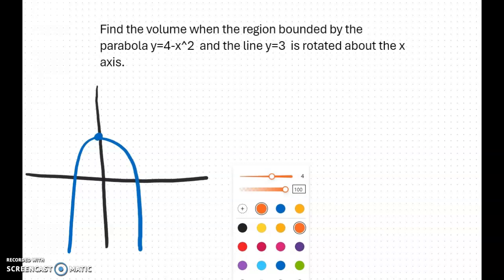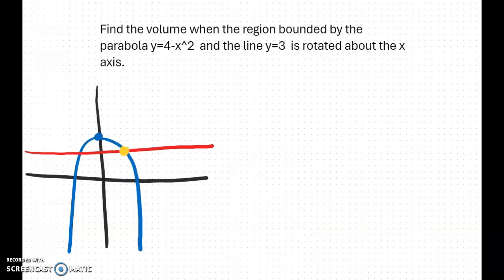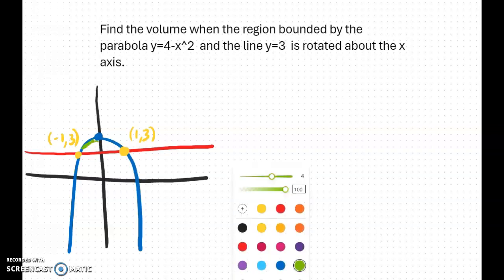And then I've got the horizontal line at y equals 3. So this point here would be 1, 3. And this point here would be -1, 3. And so it's this tiny piece in green. So I want that region that's bounded by these two graphs rotating around the x-axis.